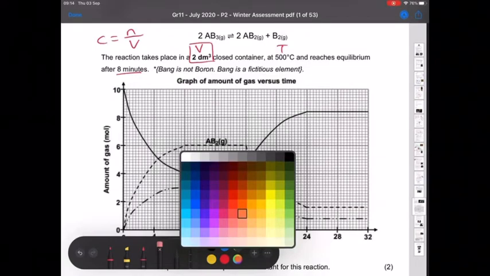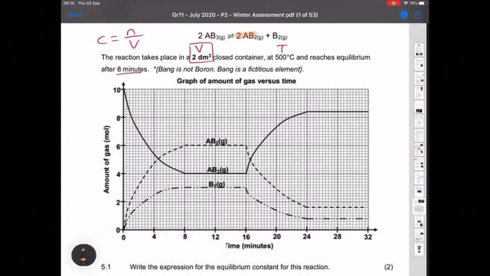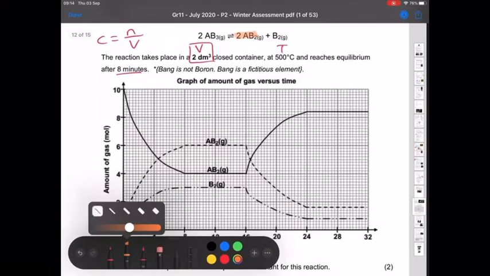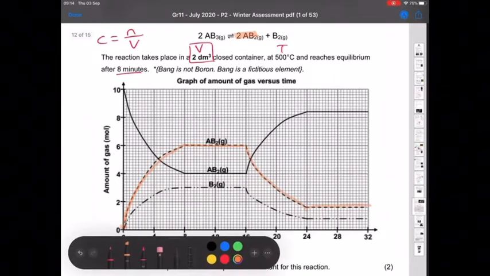Okay, so AB2. Okay, so the orange is AB2. Let's do AB3 in blue.